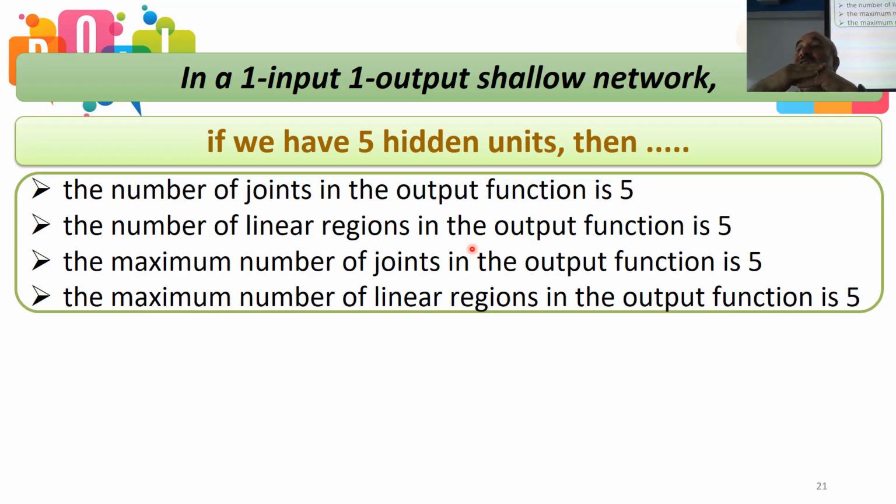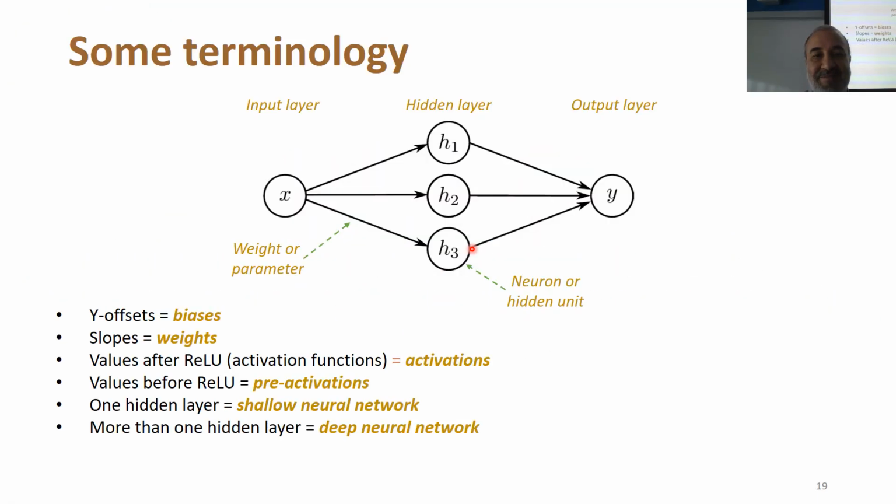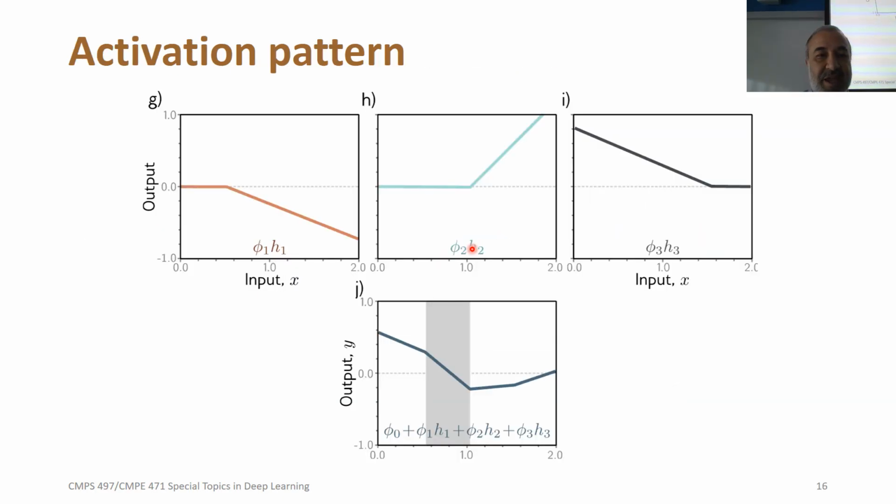When we sum the slopes, it might not change from the previous one, so it doesn't look like a joint. But there is an even easier and clearer reason than that. What if 2 joints are aligned together? If we get back here, this function is clipped at 0.5. Maybe this function also will be clipped at 0.5. So each one has a joint, but they are all the same, so they will point to the same joint in the output function.